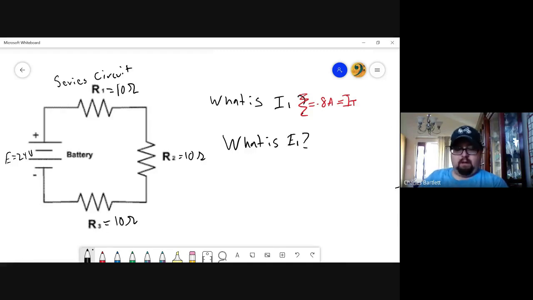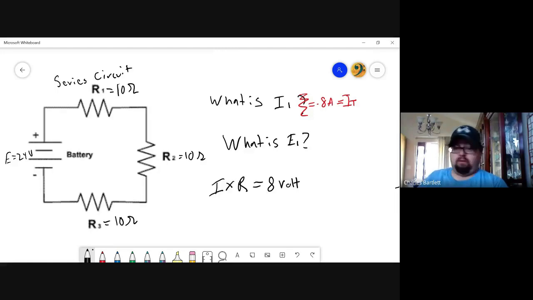Do we have enough information to do that? Yes, we do, because we have amps and we have resistance. And what is the equation? Amps times resistance. So 10 times 0.8 equals 8 volts.